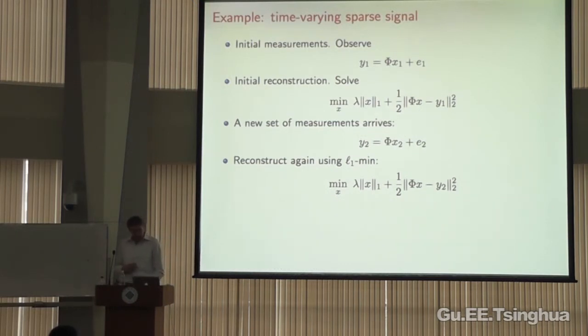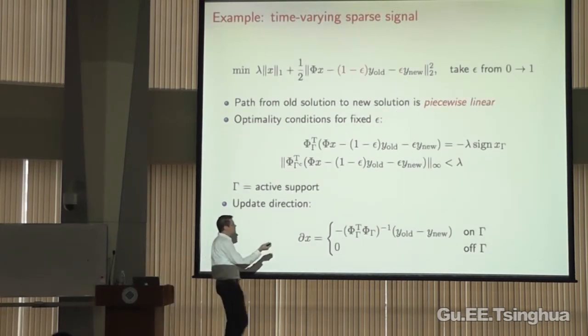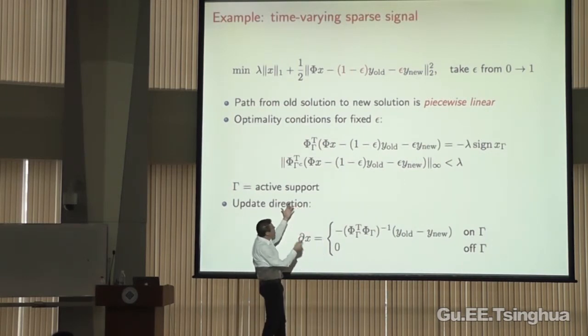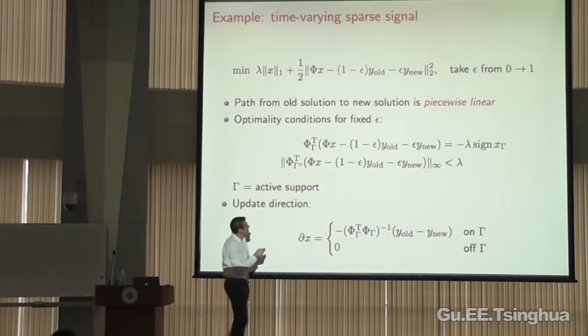And what makes it nice is the fact that we have linear conditions on optimality. So here's what you can do. Let's write down, for a fixed epsilon, what it means to be optimal. Well, it's exactly the same as before. It's a set of linear conditions that now involve epsilon and those sets of measurements, because this optimization program involves epsilon and lots of old measurements. But at the end of the day, it's this.